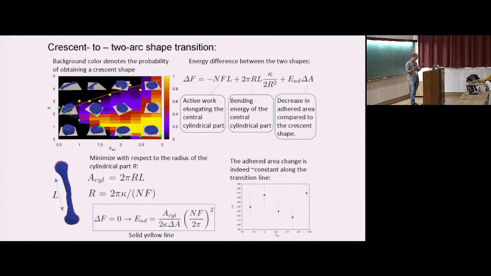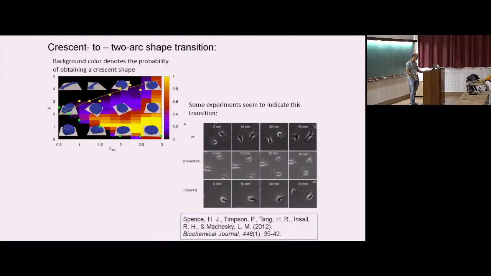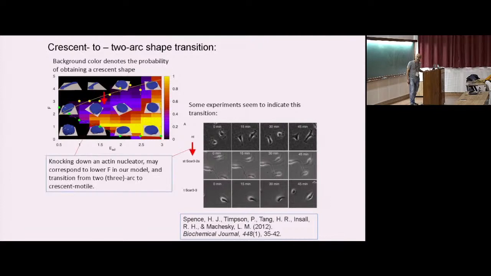So it's really a balance of energies which flips you from preferring the two-arc versus preferring the crescent shape. Now, it also gave us an opportunity to compare to experiments. For example, what do you see here?